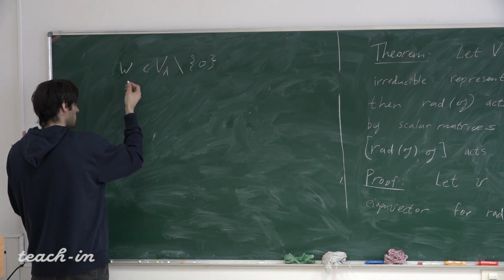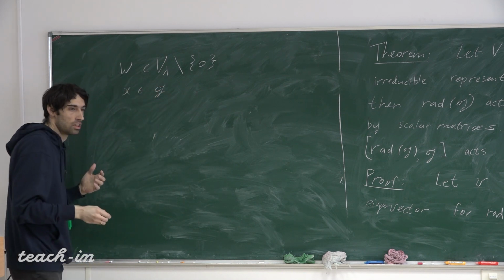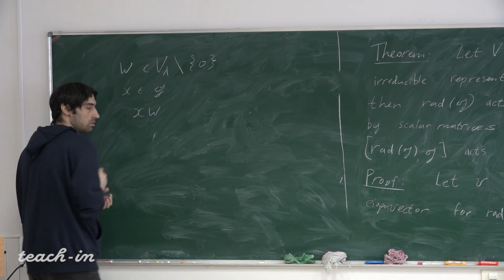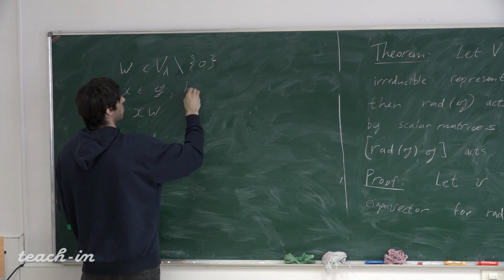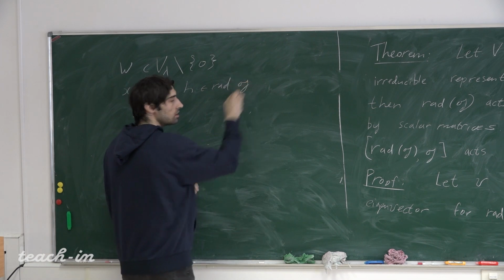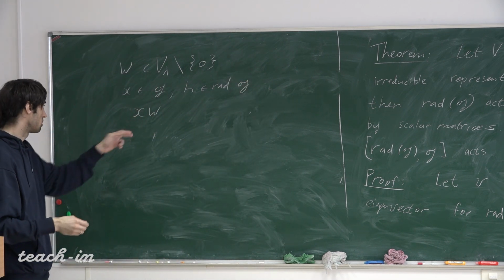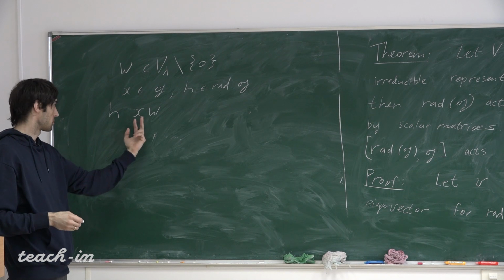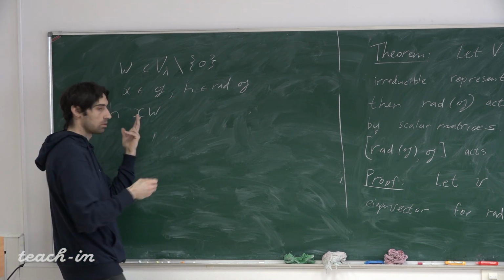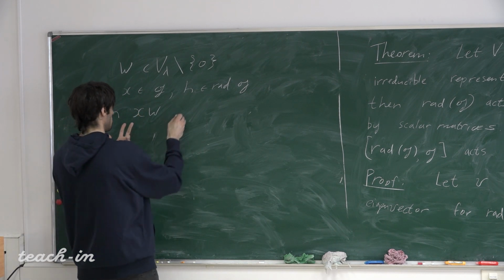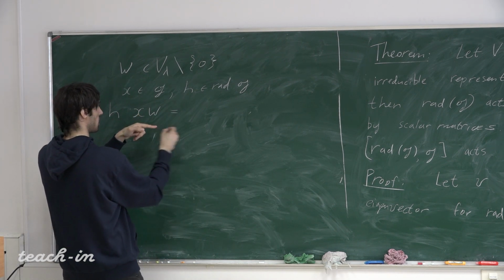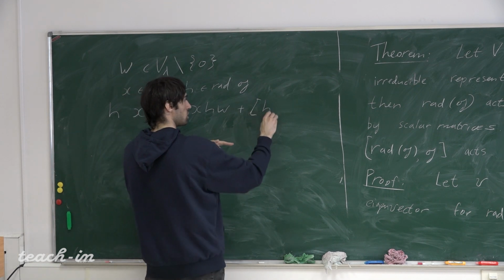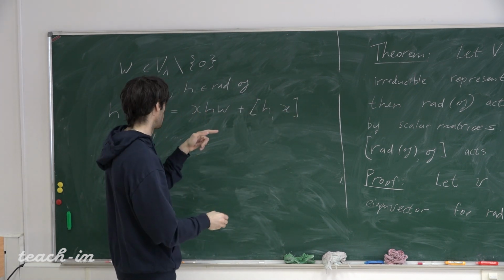Then let me take any X from G, act by X on W, and then take H from radical G. If I act by H, I can commute: I pull H through X, and it will be X H W plus the commutator of H and X on W.